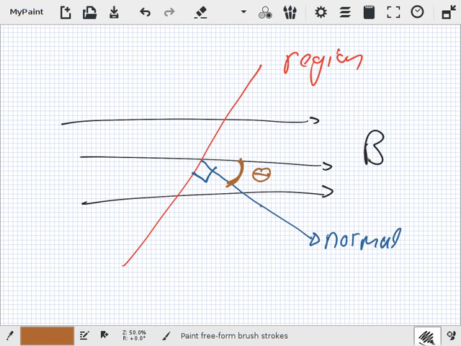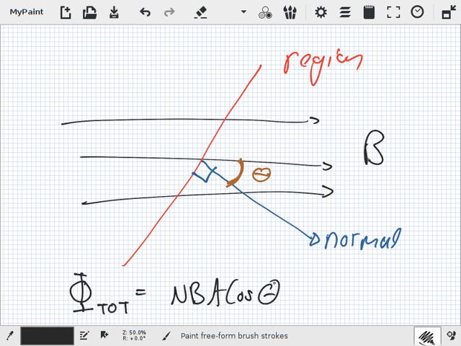That's the theta. And the formula for the flux linkage, total, is NBA cos theta. So if the theta was 0, it would look like this. It'd be perfectly perpendicular, and you would end up with NBA. So that's what it looks like.